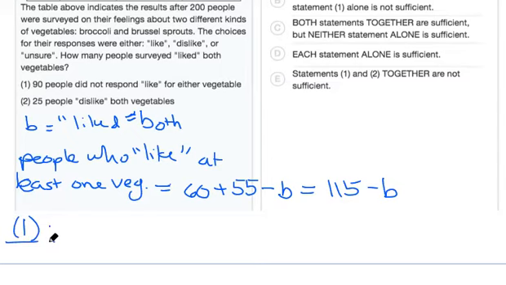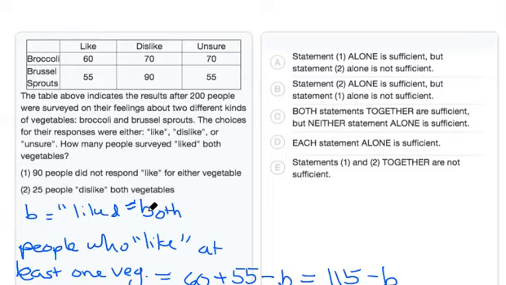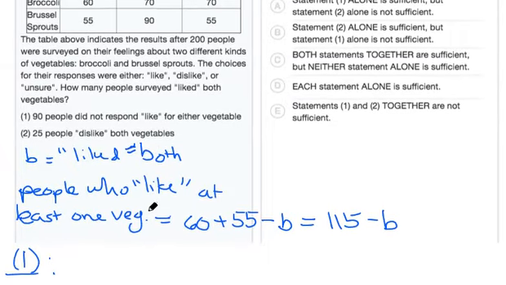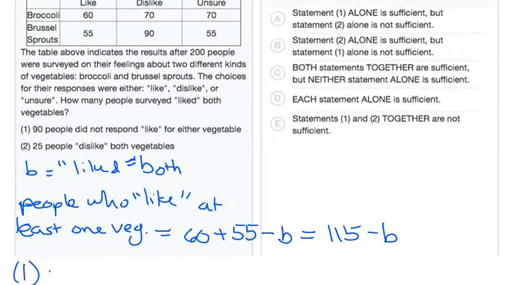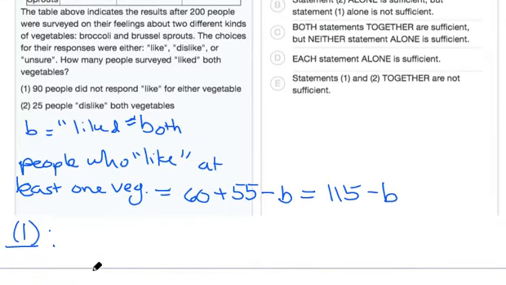For statement 1, we're given that 90 people did not respond like for either vegetable. The people who like at least one of the vegetables equals the total surveyed minus those who did not respond like for either vegetable. So let's slide down and write this down.